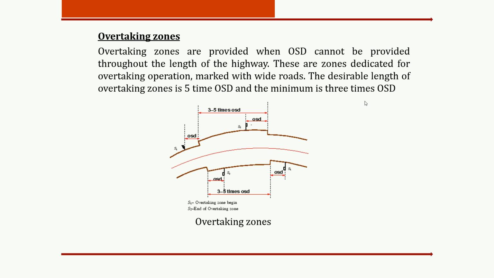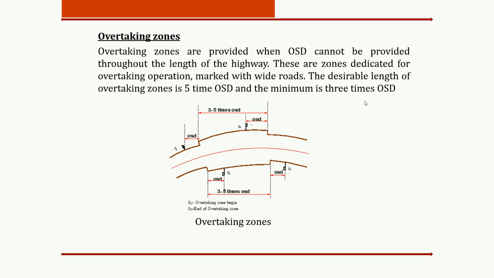All these things depend upon the topographical area or the various site conditions. So when it is not possible to provide the OSD, we provide the OS zone, which is called the overtaking zone.